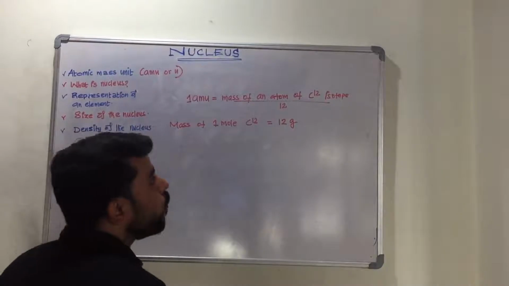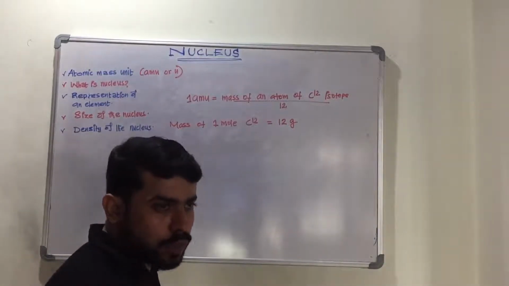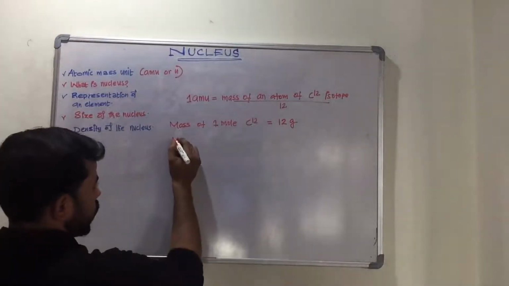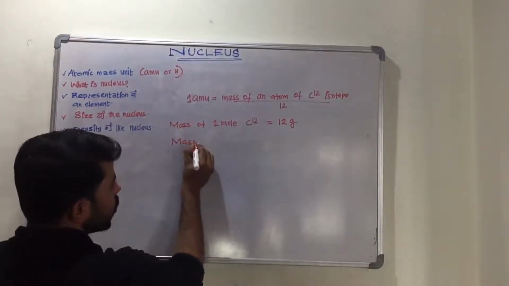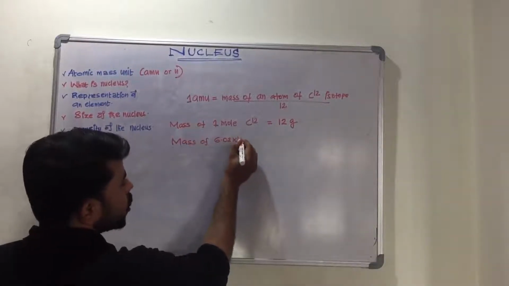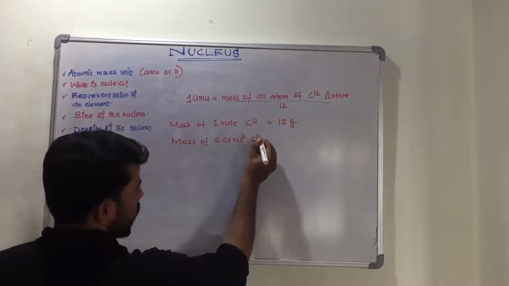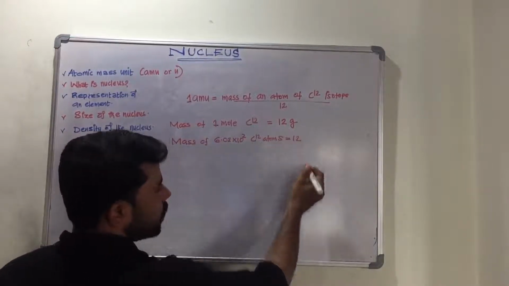So, 1 mole of carbon 12 consists of Avogadro number of carbon 12 atoms. This means that the mass of 6.02 into 10 raised to 23 carbon 12 atoms is equal to 12 gram.